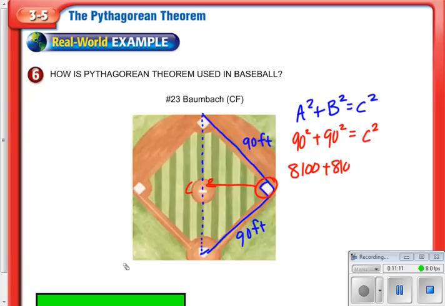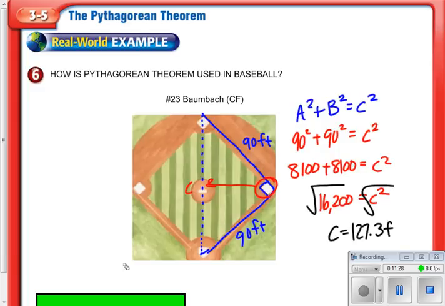Work down the paper, figure out your squares. We have 16,200 equals c squared. Get rid of your square. So we square root both sides and we find out c is approximately 127.3 feet.